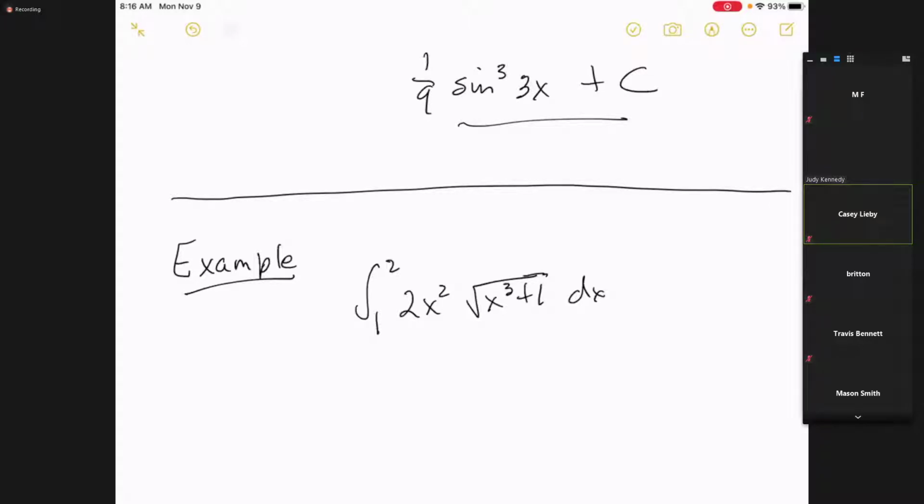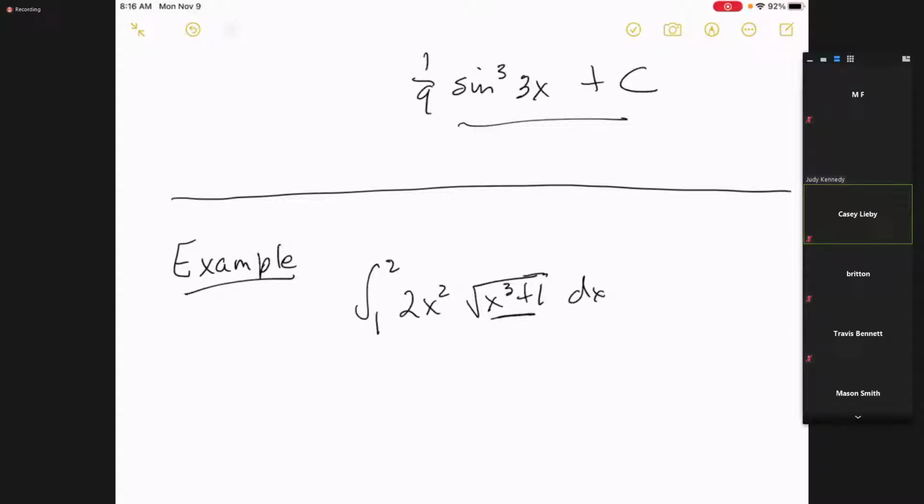Well, I think a u substitution will definitely help, because the derivative of x cubed plus 1 is 3x squared, instead of 2x squared.